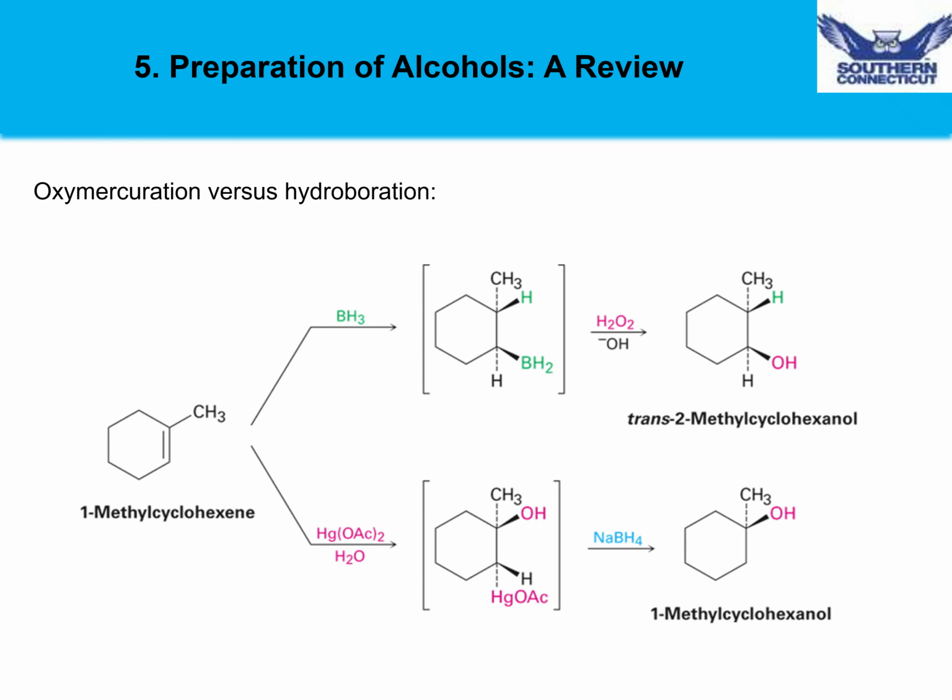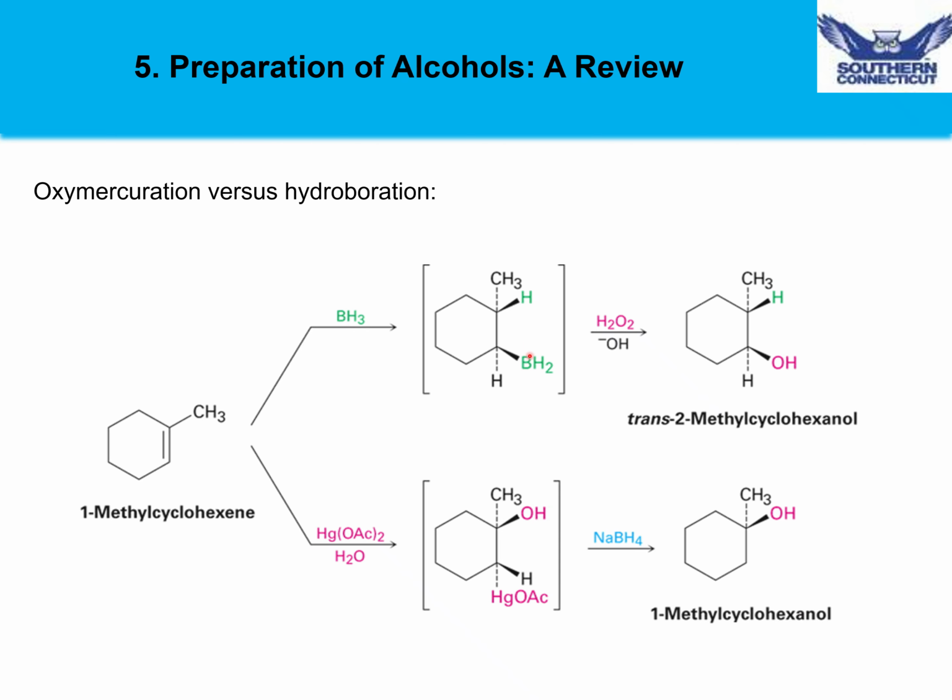Now is a good time to do a comparison between oxymercuration and hydroboration. If we start off with an unsymmetrical alkene, such as this example here, if we add BH3 or borane, that would give us this intermediate initially where the BH2 adds to the least substituted carbon, and the hydrogen adds to the more substituted carbon.